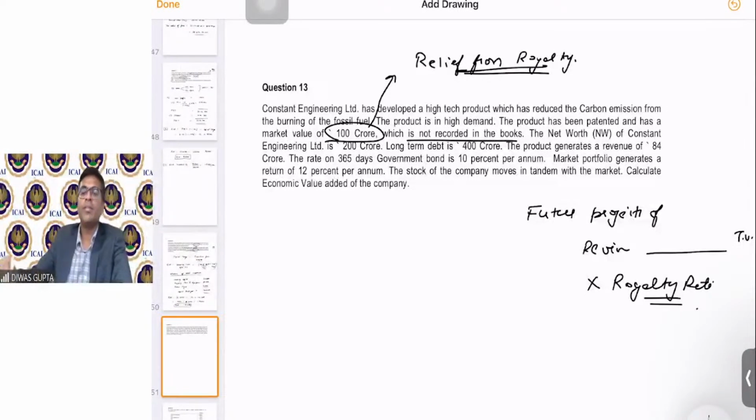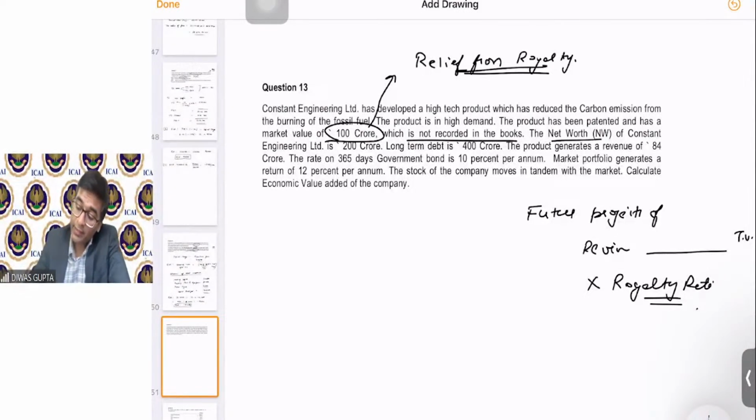You're getting my point. So we multiply it with the royalty rates to arrive at the value. So the 100 crore might have been achieved using that. The net worth of Constant Engineering Limited is 200 crore. So this is the net worth.